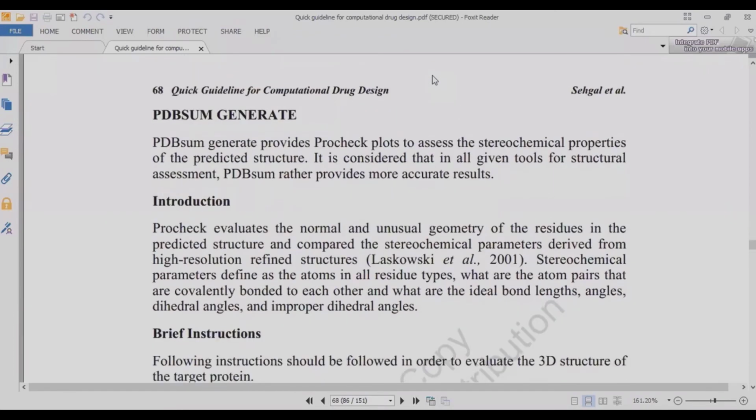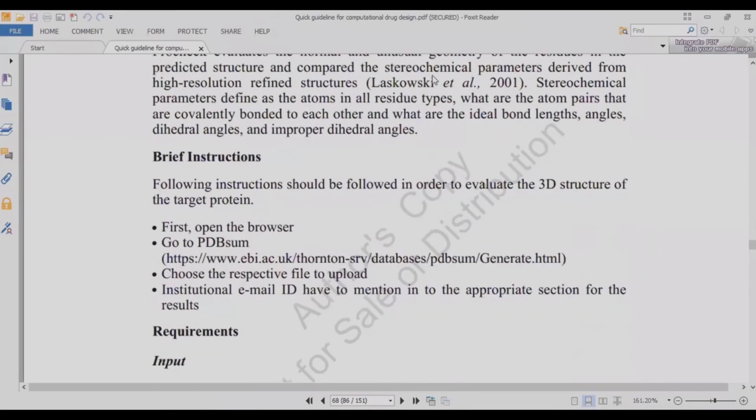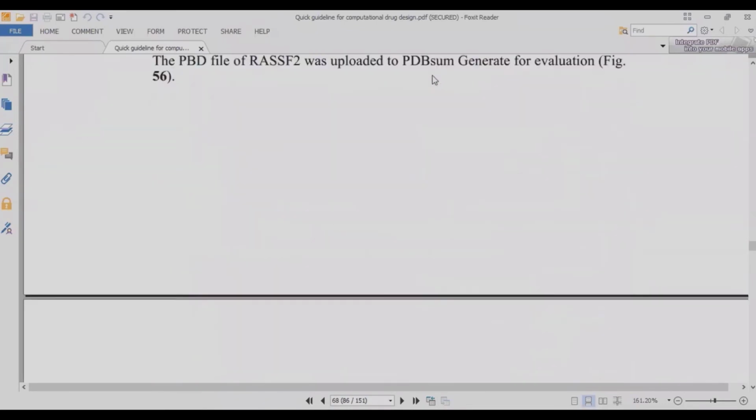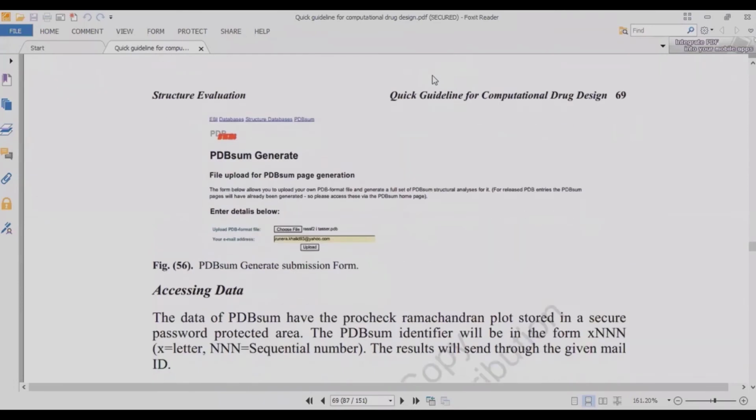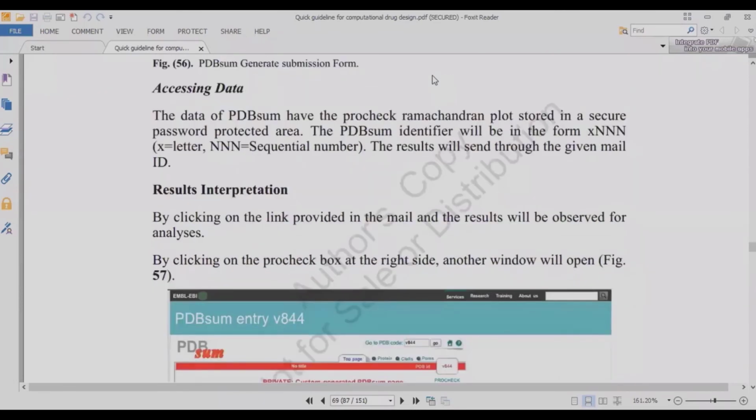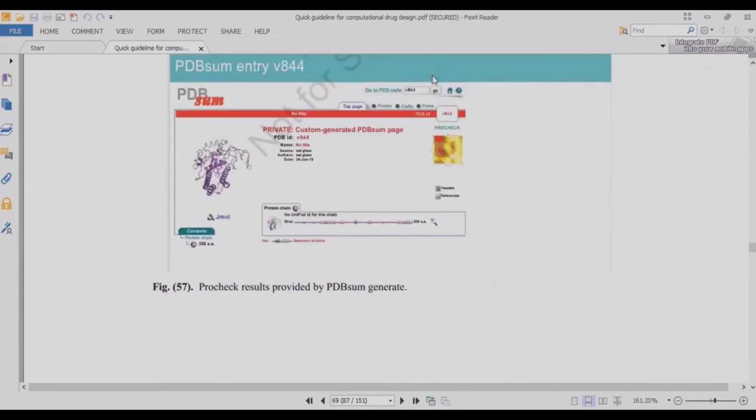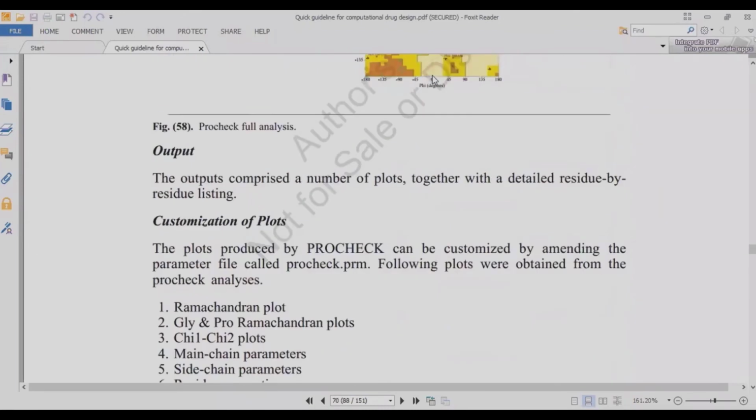After that, we have PDBsum Generate. It's another tool for three-dimensional structure evaluation. Nowadays it may be somewhat outdated, but you can use it and study from here if you want to analyze with that tool. In this tool, we also have to analyze the Ramachandran plot.